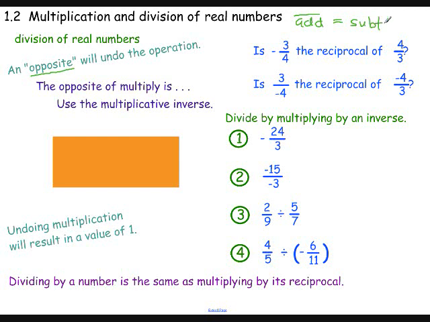And we could write it the other way too, that the opposite of subtraction is addition. Well, when we talk about an opposite operation, one that will undo that operation, in the case of multiplication, what is the opposite of multiplication? Division, right?